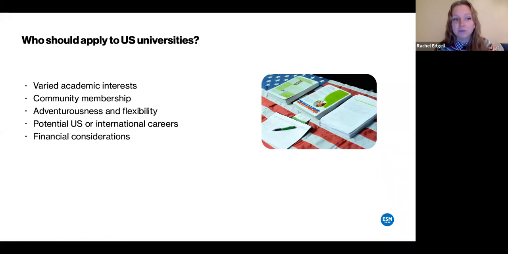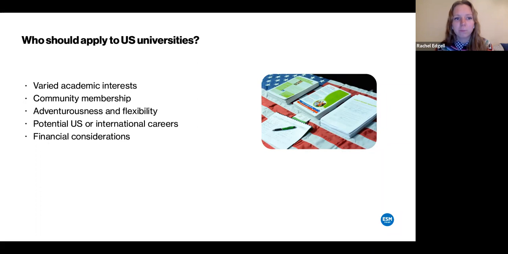So again, this is a very individualistic thing. Families who are interested in having a student attend an American university should look at the individual tuition and financial aid packages and so on for each university on their list. And it is something that is really not in my wheelhouse, but just a thing to consider.